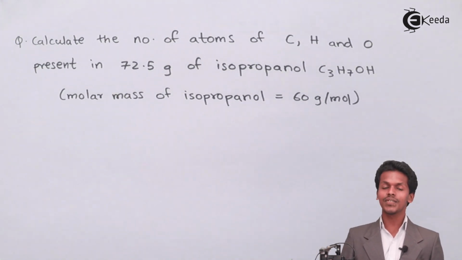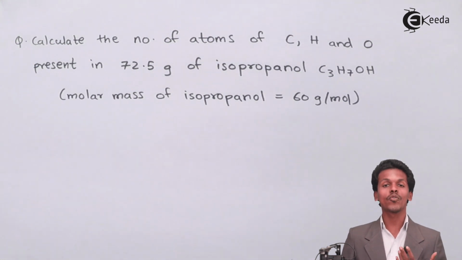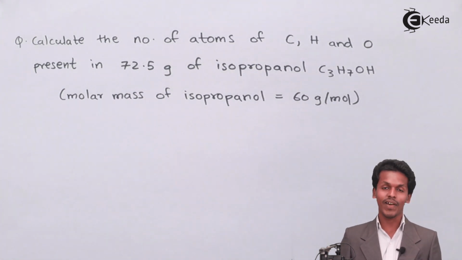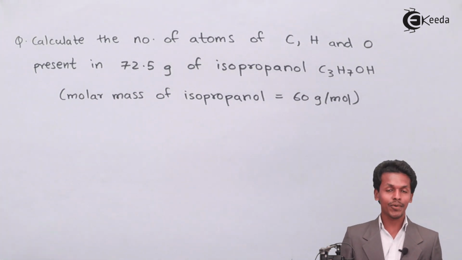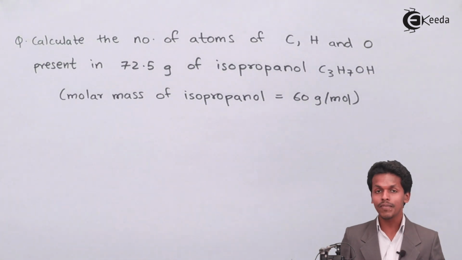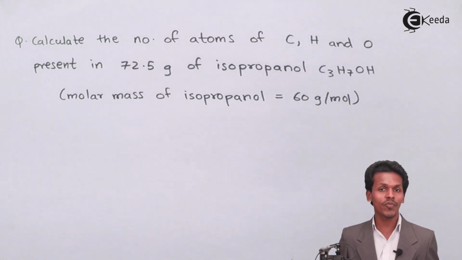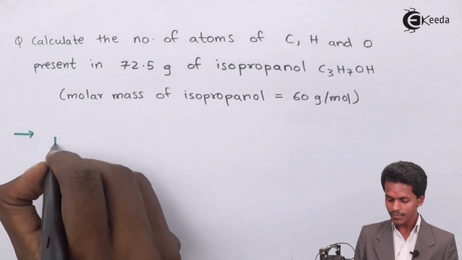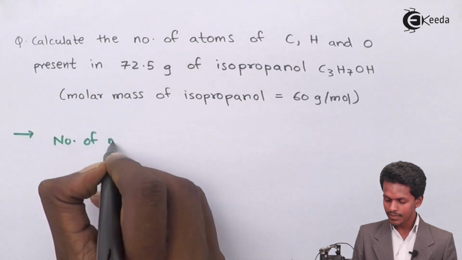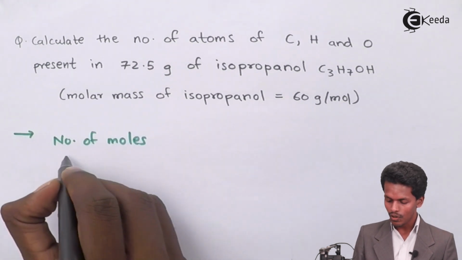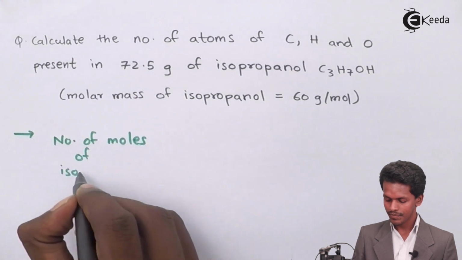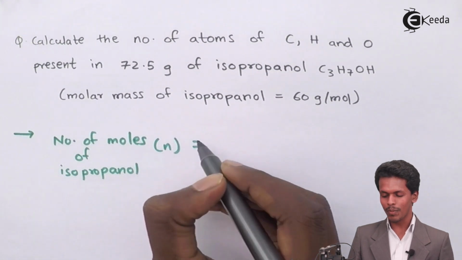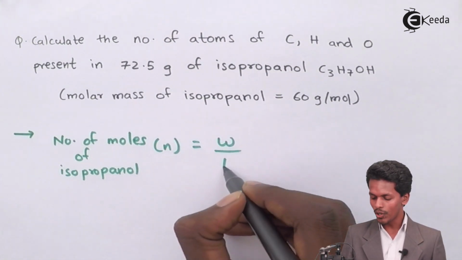So what we have to do first is calculate the number of moles present in 72.5 gram of isopropanol. The number of moles of isopropanol can be calculated using the formula n equals weight divided by molecular weight.